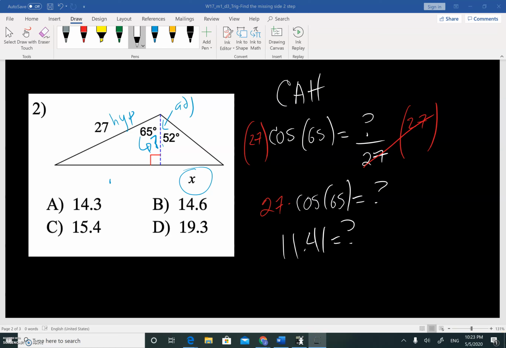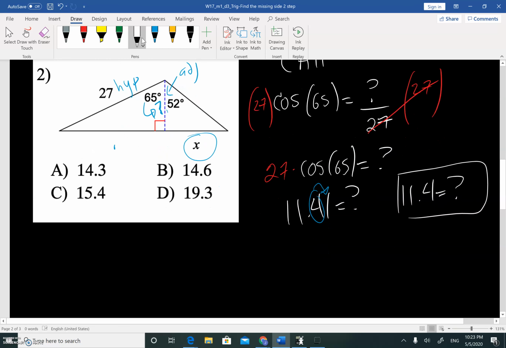But remember, this is not my answer. This is not the value of x. So what I have to do is go ahead and round this. So this 4, I round it by looking at the next number. This is going to stay there, right? So it's going to be 11.4 is equal to my question mark. That's my intermediate value. And now I can use that for my other triangle, right?